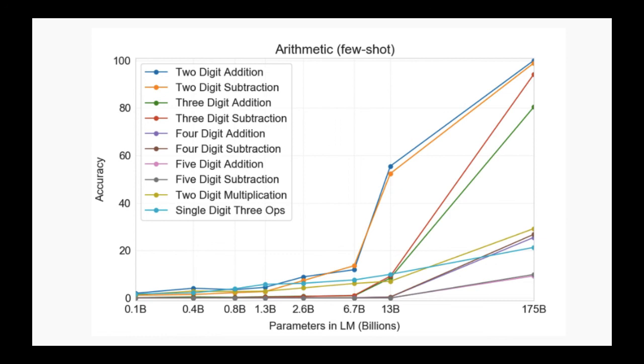And when you increase the parameters by another tenfold, the accuracy for 2-digit addition and subtraction goes insane. It's almost 100%, around 95%. And you can also perform some other more complex arithmetic, for example 5-digit additions and 2-digit multiplication. It's just crazy.